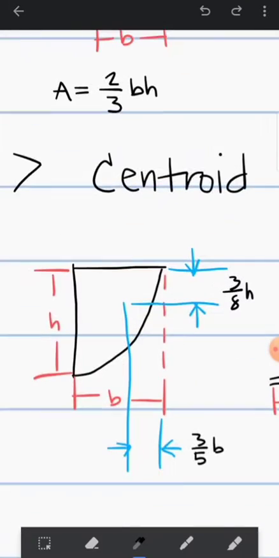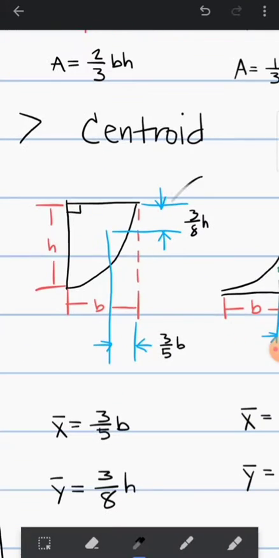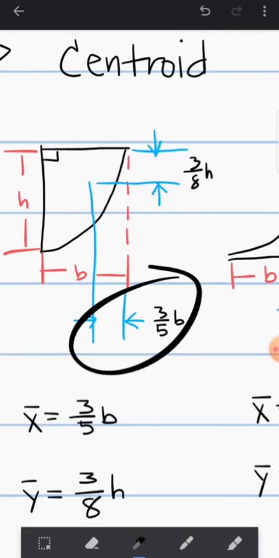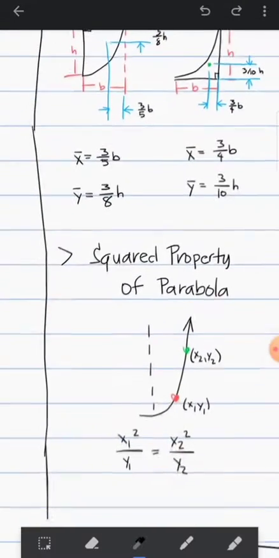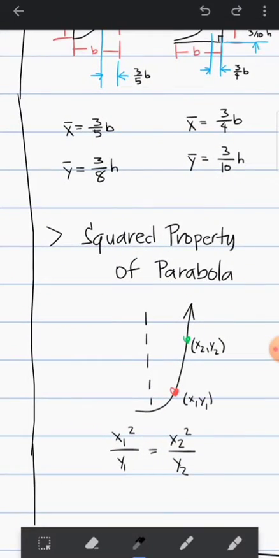This one here, also from the right angle, is 3/8 and then 3/5. Then lastly, the squared property of the parabola. We will use this later. It is similar to the similar triangles approach, wherein we get the ratio and proportion of the sides.